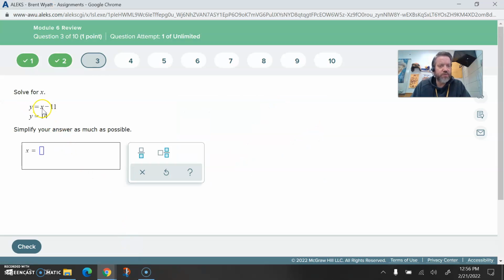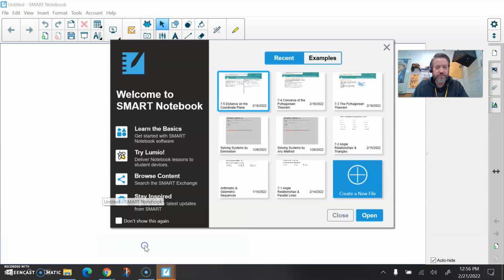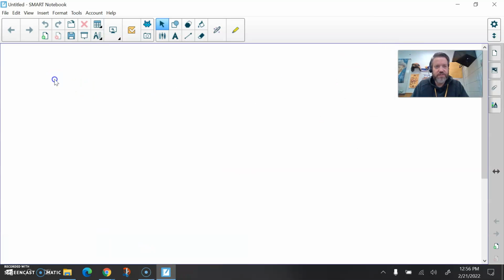We have y equals x minus 11. Underneath that, it says y equals 14. Well, if both x minus 11 and 14 are equal to y, then x minus 11 has to be equal to 14. And so I can write that down. And so I'm going to do that right here.